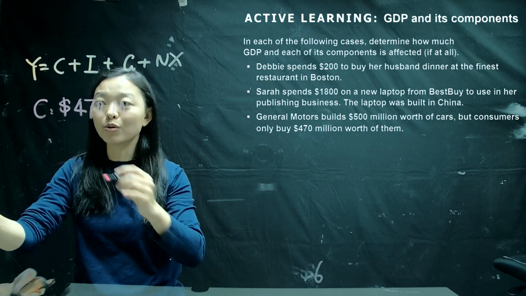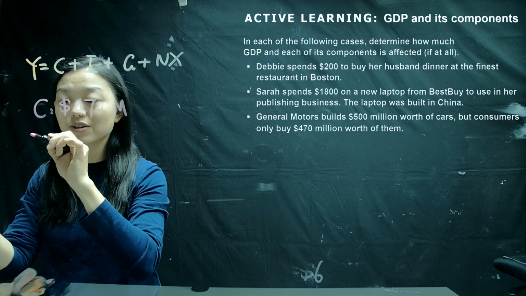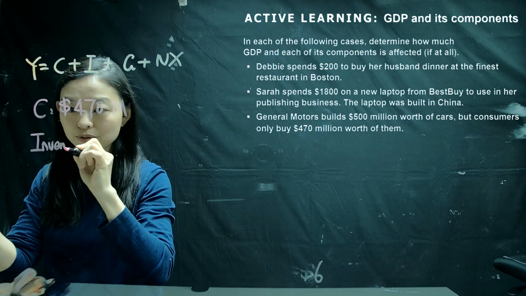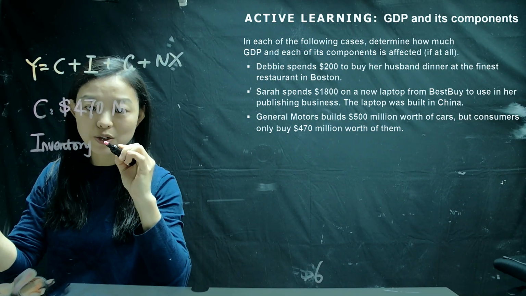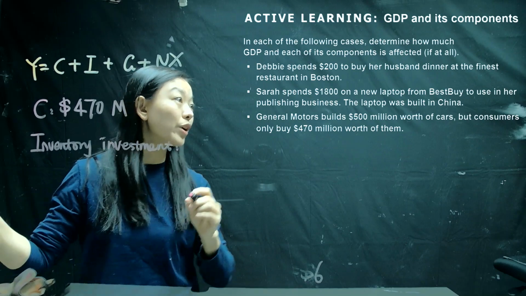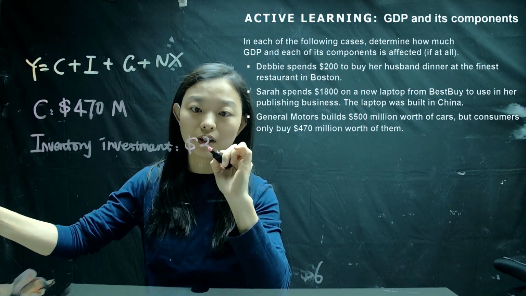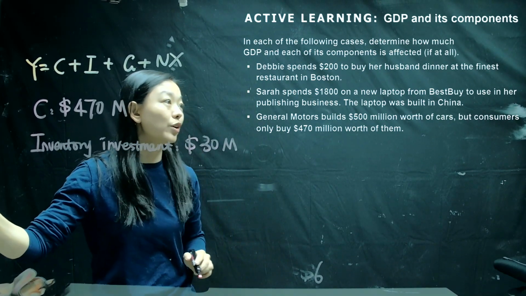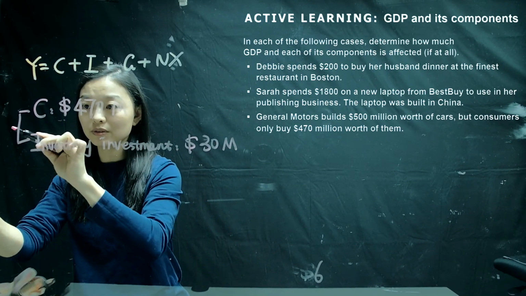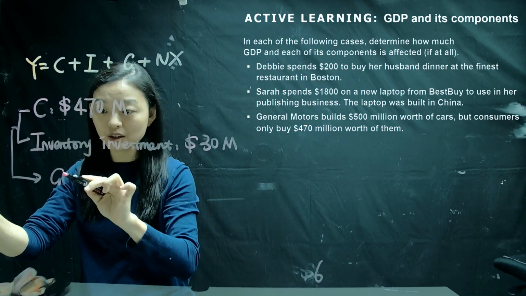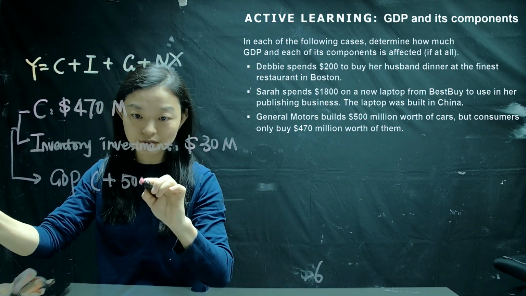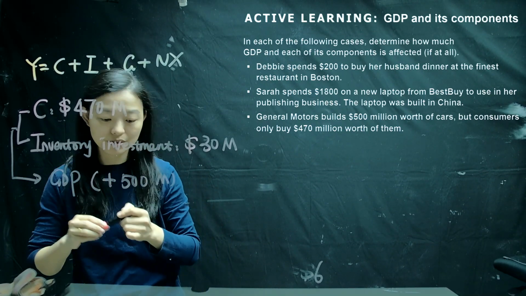And then the rest of the cars will go to inventory. So inventory investment will increase by $30 million. So adding these two parts, we have GDP actually increase by $500 million.